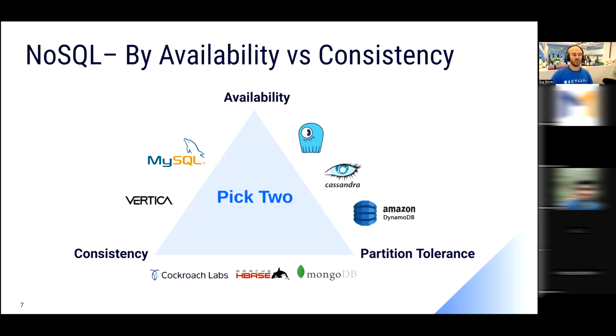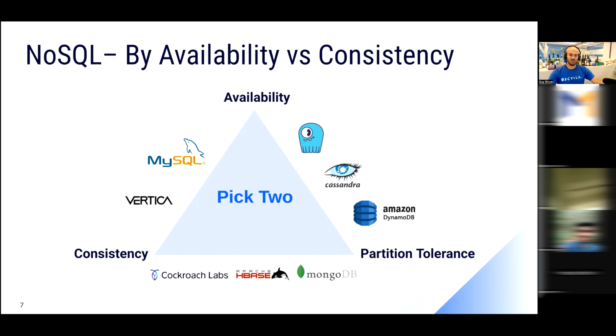However, there's a trade-off, like in so many other things in life, and we have to pick 2 out of the 3. The 3 are availability, consistency, and partition tolerance. Availability means that no matter what happens, we will still be able to serve requests. Consistency means that, well, one definition is that for every read, we will get the latest write to the database. And partition tolerance means that even if there's a network failure, the database can still function.